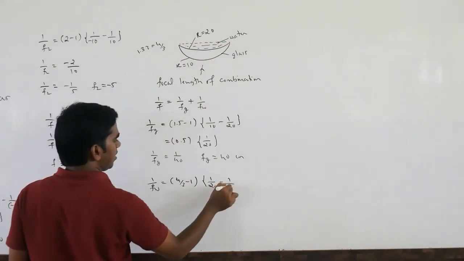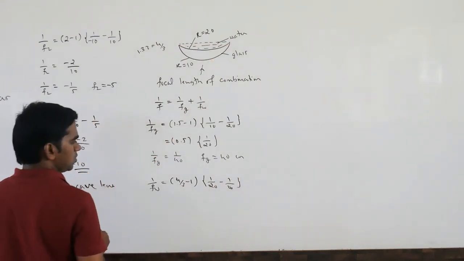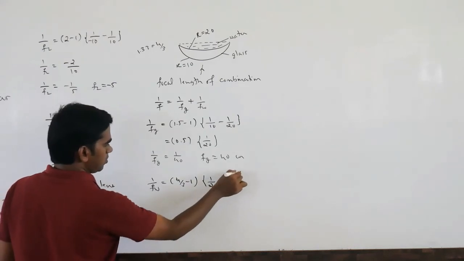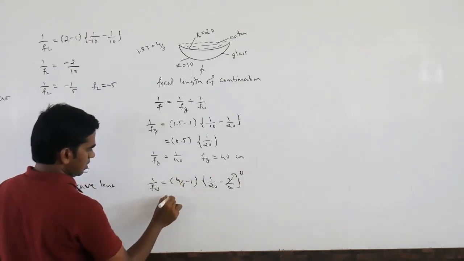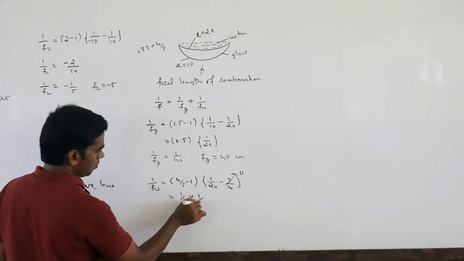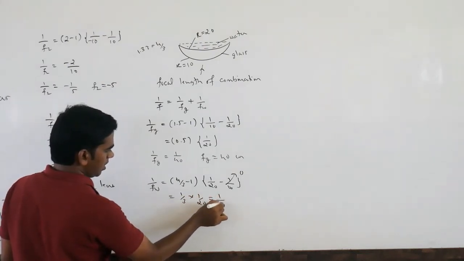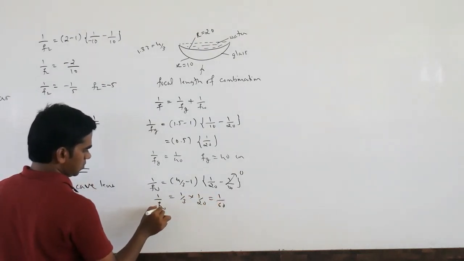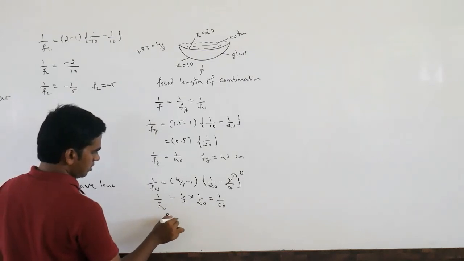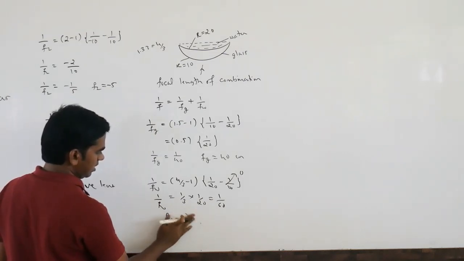Now this is going to be 0, so this is 1 by 3 into 1 by 20, that is 1 by 60. So the focal length of water is 60 centimeters.